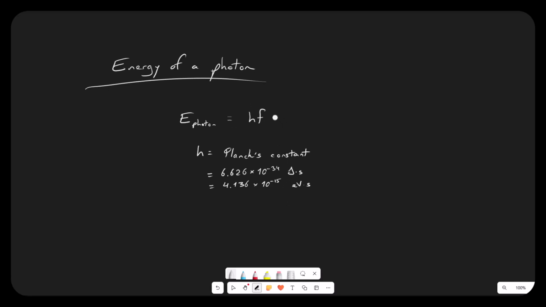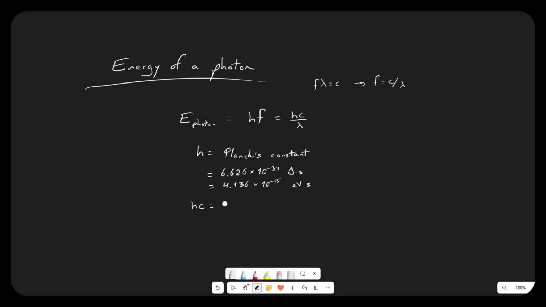We know that frequency times wavelength equals c, so the frequency is equal to c over lambda, so we can also say this is hc over lambda. This is particularly convenient because h times c is just a constant, it's not changing at all, and we can make this shortcut.